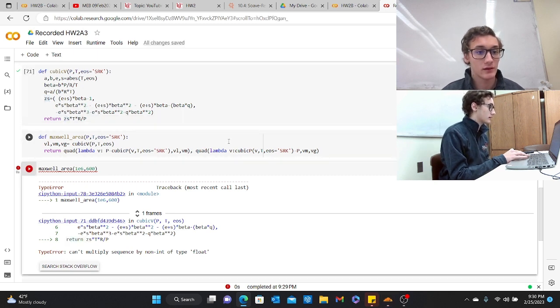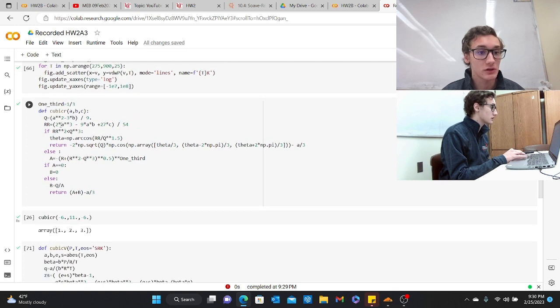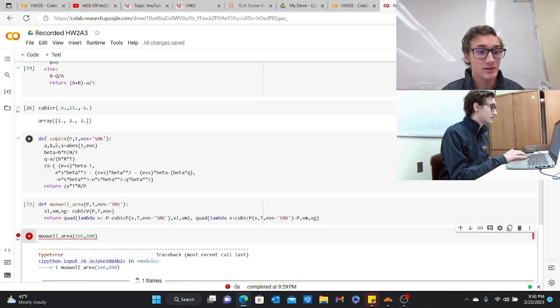Oh my God. I'm supposed to take the roots of this, right? These are the roots. I never used my function. Oh my gosh.